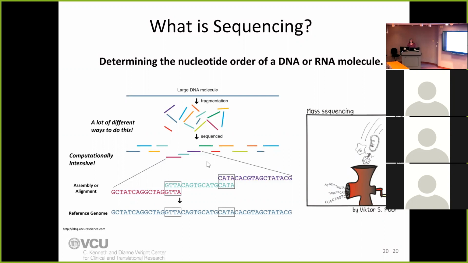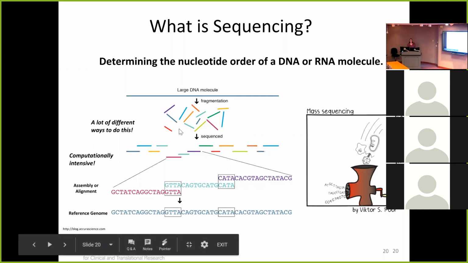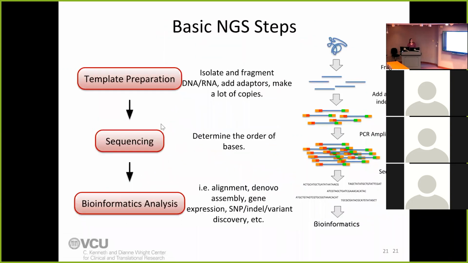And so in my RNA-seq lecture, I go into these steps here in a lot more detail. In this lecture, we're going to talk more about template preparation and sequencing and how choices made in these steps can influence how you analyze the data in the bioinformatics pipeline.